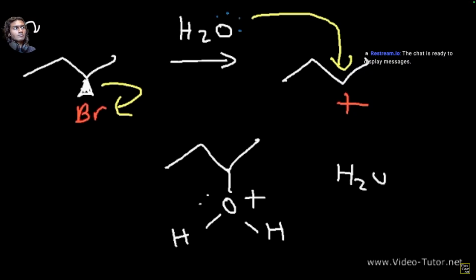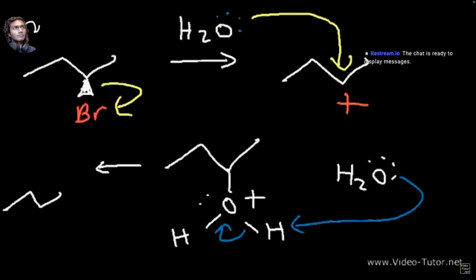And then we need to use another water molecule to get rid of this hydrogen, giving us the alcohol. So whenever you use a neutral nucleophile, the SN1 reaction will occur in 3 steps. If you use a negatively charged nucleophile, it will happen in 2 steps. The third step involves the removal of this hydrogen.